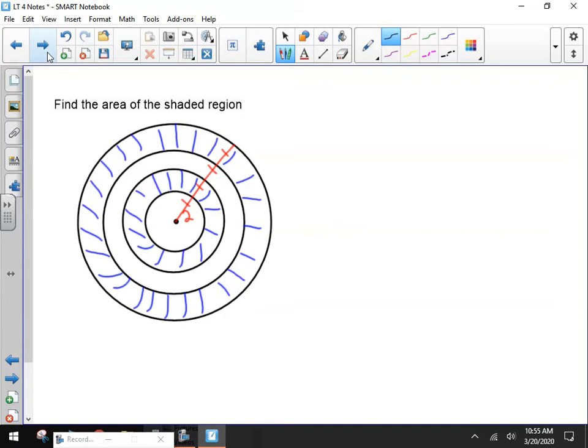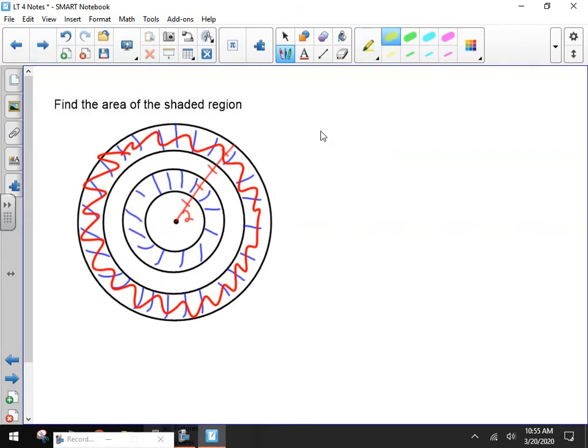Let's see. Let's start with the outer. So we're going to find this first. We're going to find the area of this ring first. Okay, if I notice that ring, let's get my highlighter. That ring is this big circle.